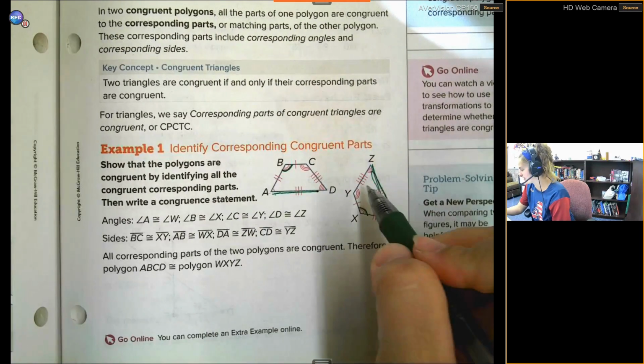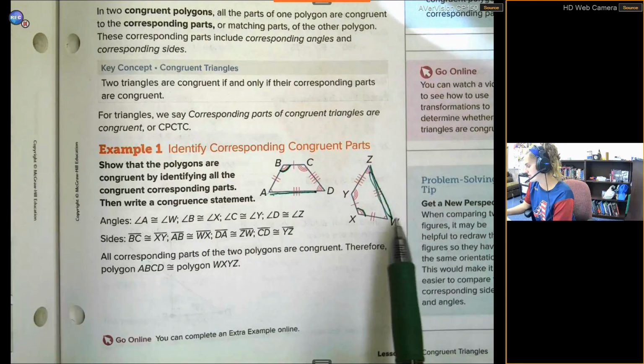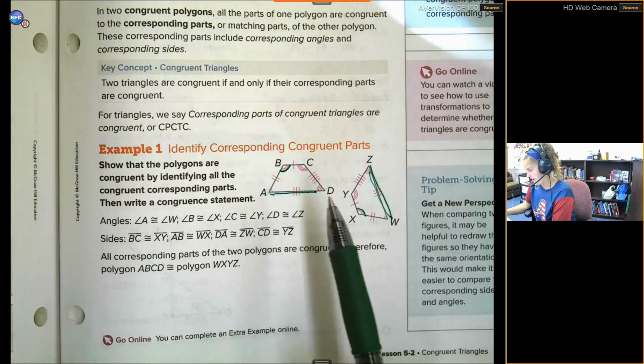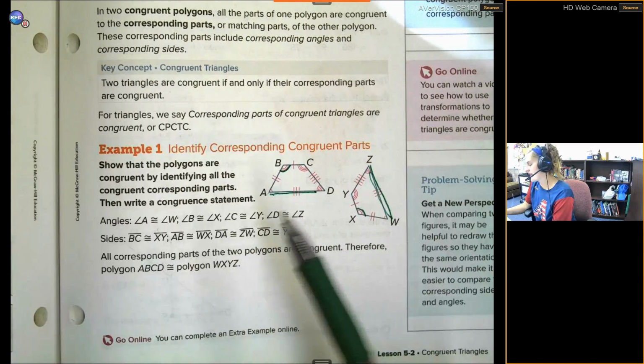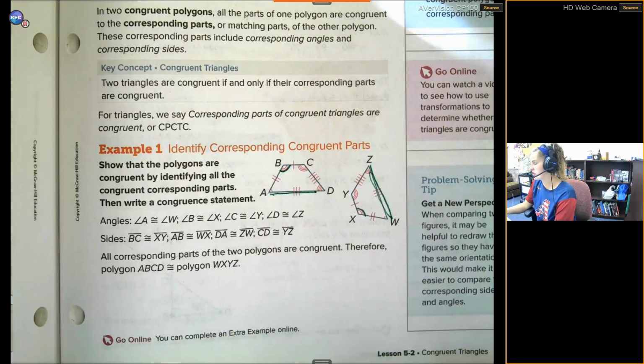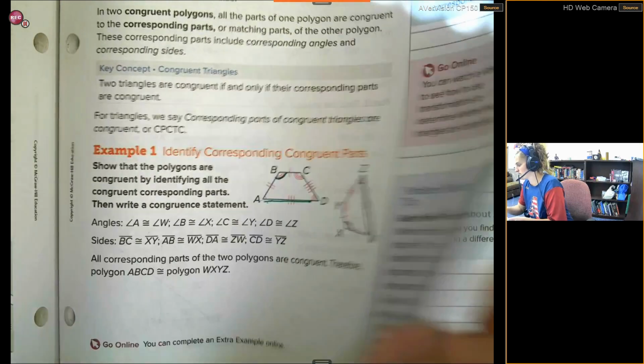Yes. And then we can match up all the other ones. So essentially what we're saying is each angle matches to another angle, and each side matches to another side. So we can tell that there is a corresponding part for each side and angle, which makes them congruent. So that's what we're doing, is using corresponding parts to prove congruency here.